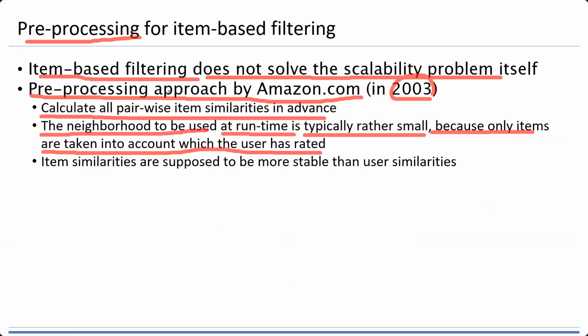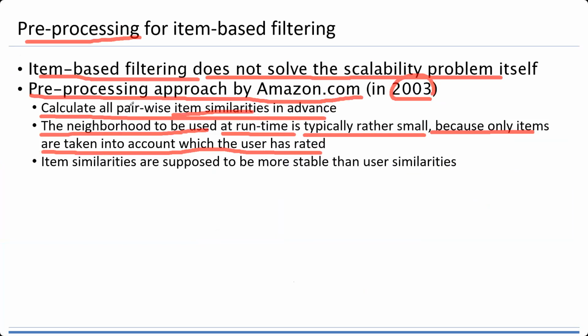So what does it mean by this one? When you are doing the online shop like Amazon or Coupang, there are maybe millions of items. So in order to calculate the item similarities, it will take a very, very long time.